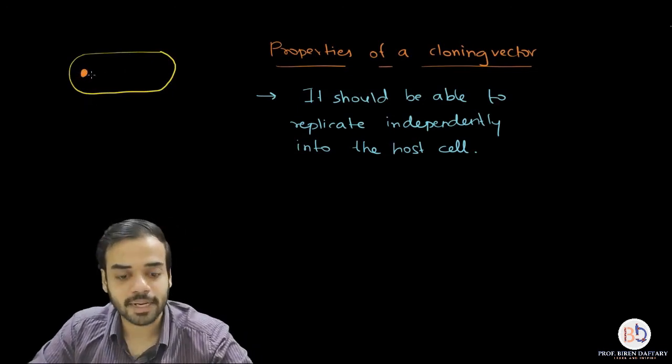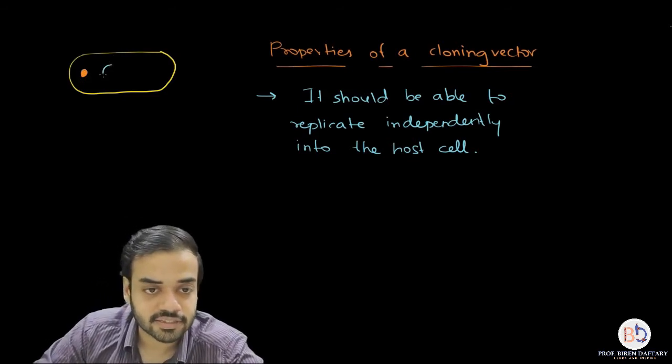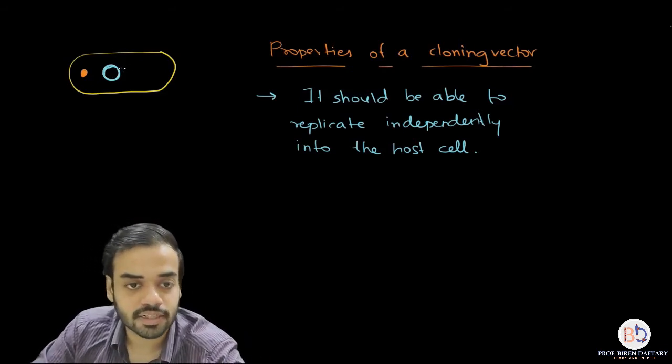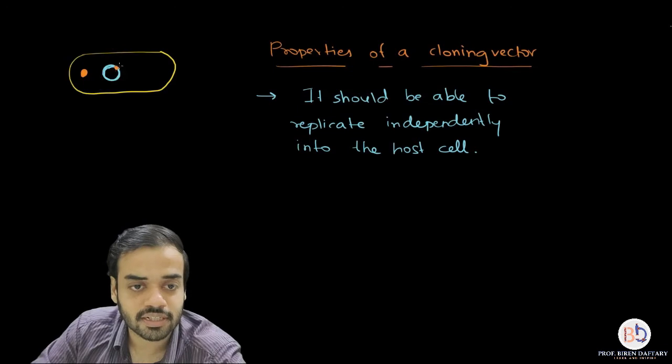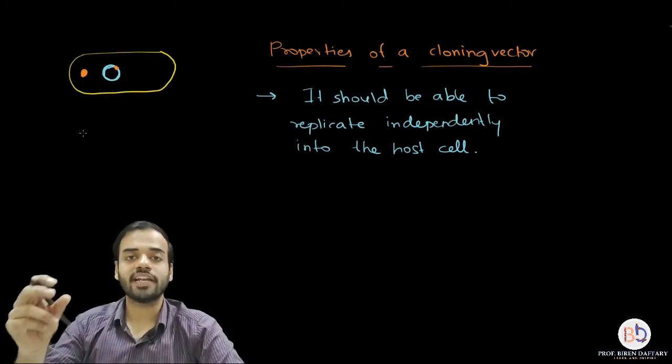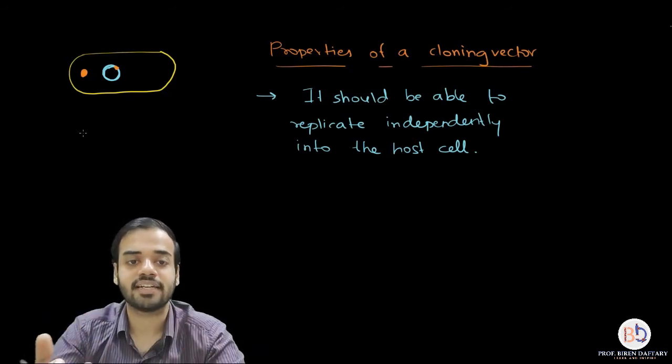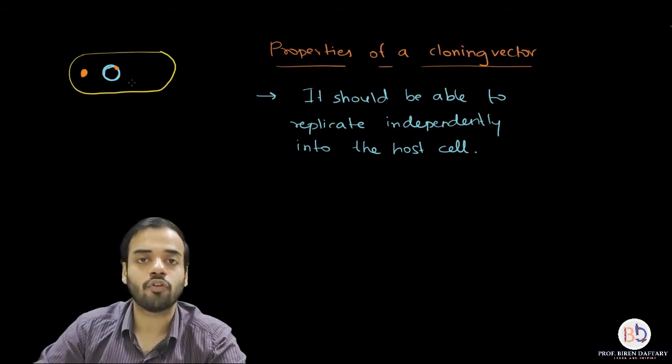Now inside this bacterium, if I insert this cloning vector, and on this cloning vector I am showing this orange colored desired gene. Now when I have inserted the cloning vector, this should be able to divide inside the cell, so it should be able to form many copies.